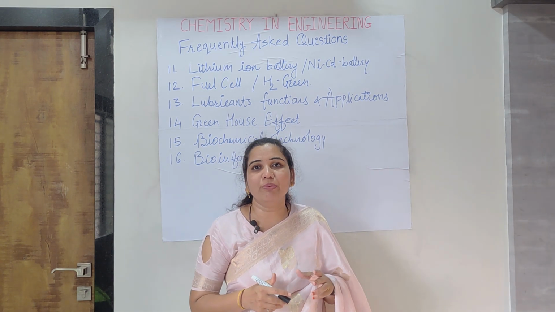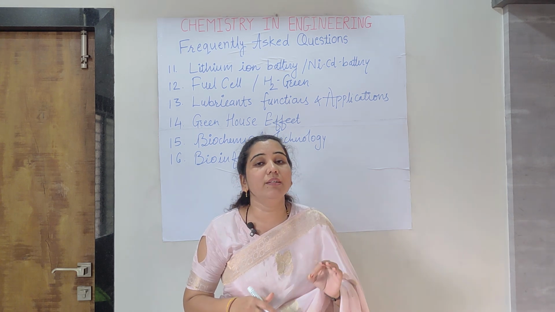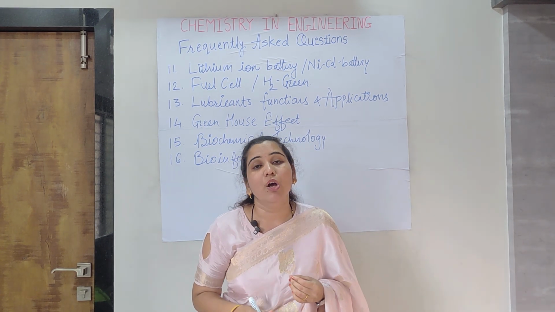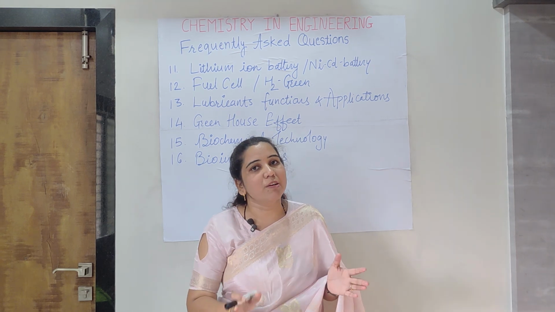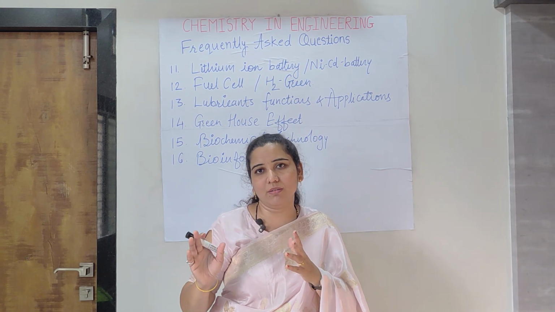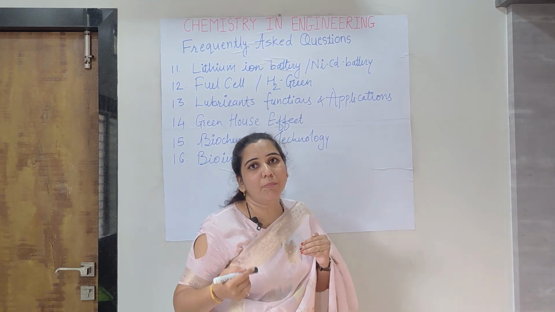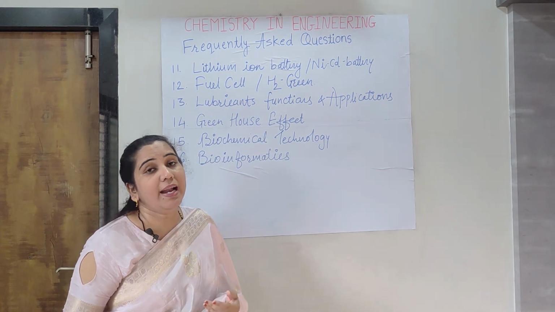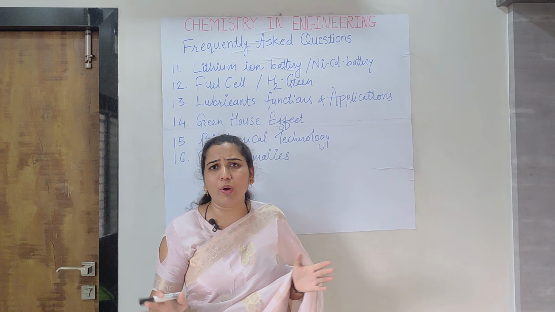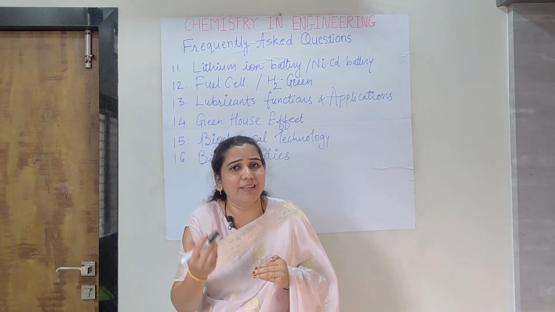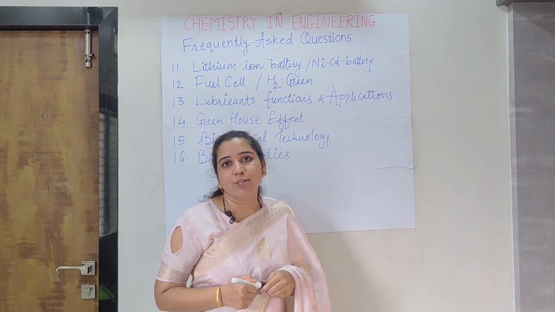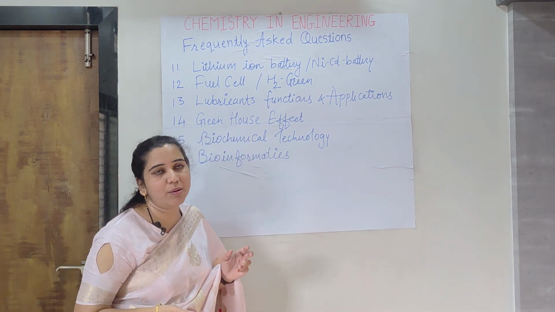Out of that, if you study the batteries in terms of diagram, construction and working with functions, it is sufficient to get the maximum marks. The next point is the fuel cell and green hydrogen. These are very important topics that were recently added to our syllabus, so these are also very important from the exam point of view.